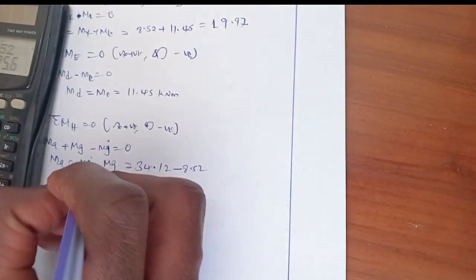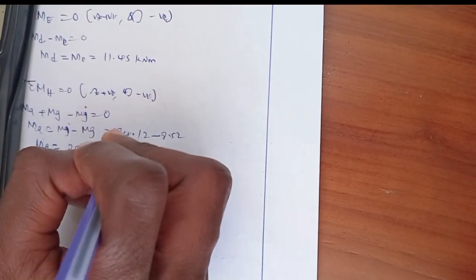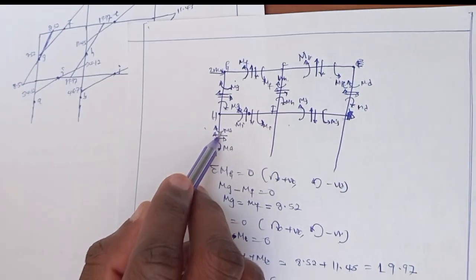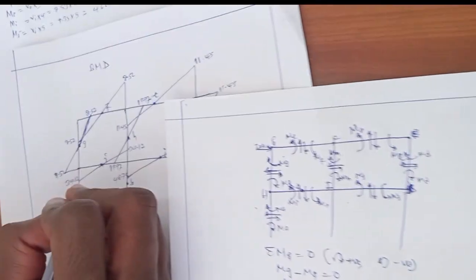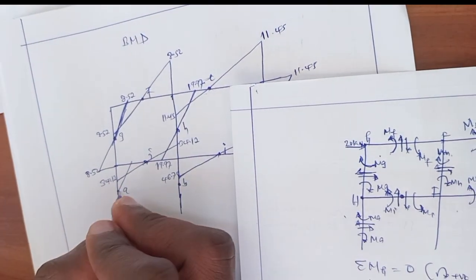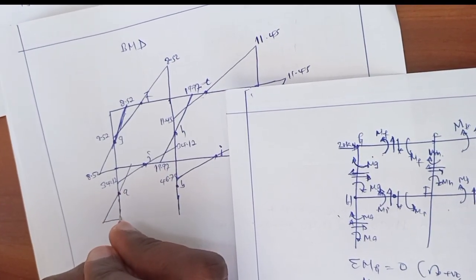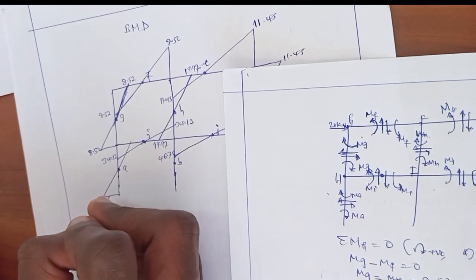It will be equal to 25.6 kilonewton meter. Okay. The tail of this moment is at this region, so its bending moment will be drawn this way. For equilibrium, we shall prolong it this way. This is the bending moment of point A, which is 25.6.